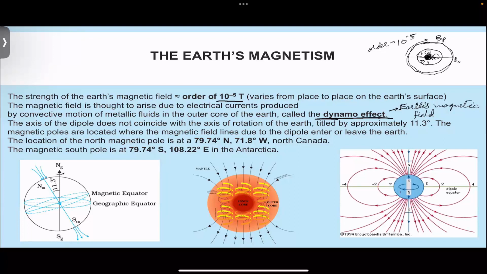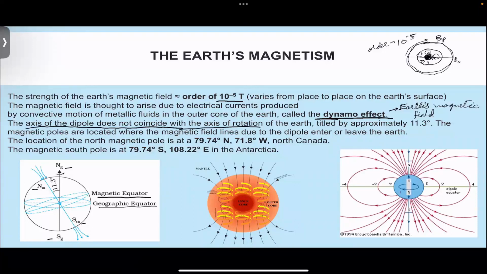In this direction, you can have a magnetic equator, a geographic equator, and similarly a geographic North Pole and geographic South Pole, and a magnetic South Pole and magnetic North Pole. That is why we can say that the axis of the dipole does not coincide with the axis of rotation of the Earth.